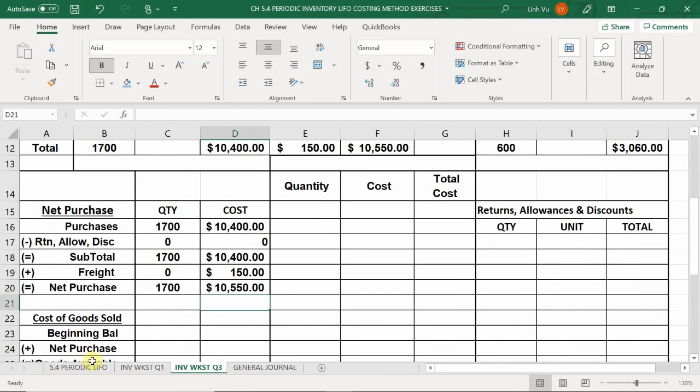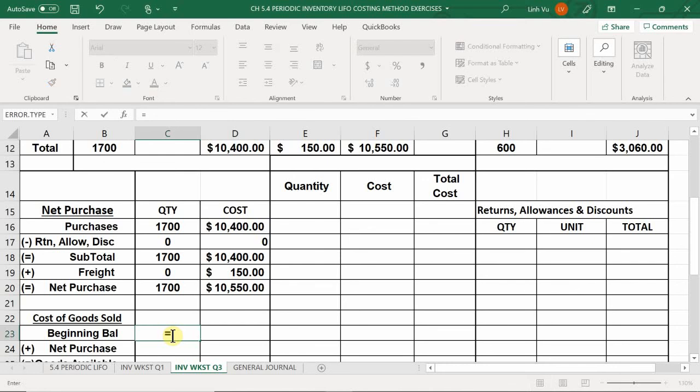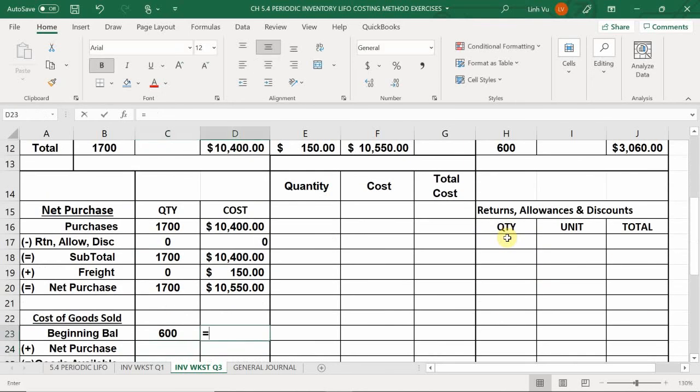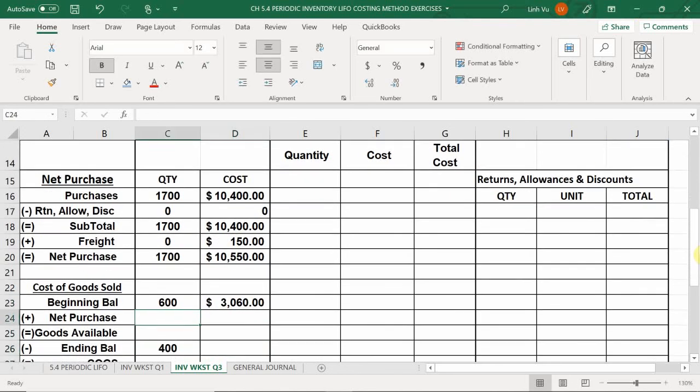Now we have a beginning balance. What was it? 600 at what total cost? 3,060. We carry our values from the net purchases right above.